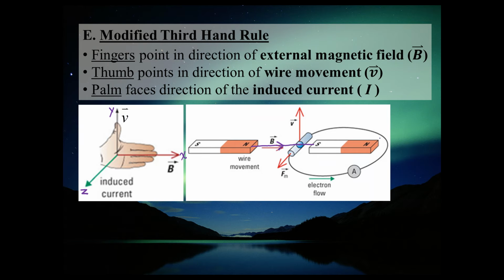I have this loop of wire, and what I'm going to do is grab that loop of wire and move the whole thing straight up. So we're moving the whole thing up in this Y direction. And I want to figure out, as a result of moving this thing, what direction would I induce current? Okay, well, let's identify how we do this.